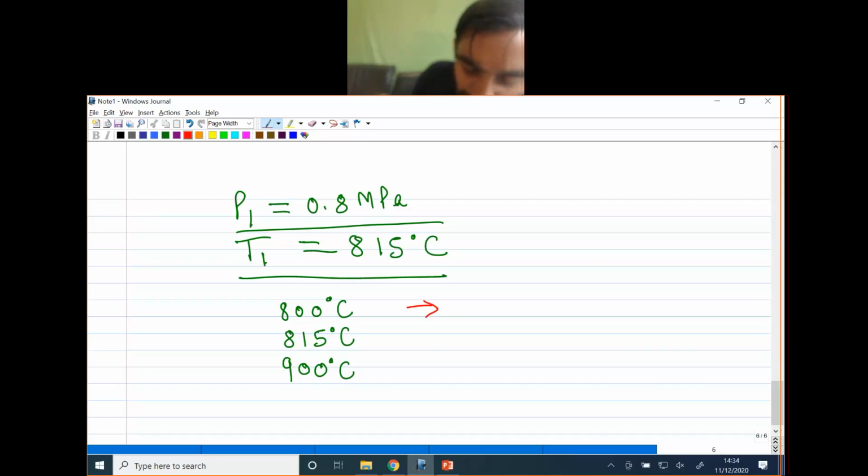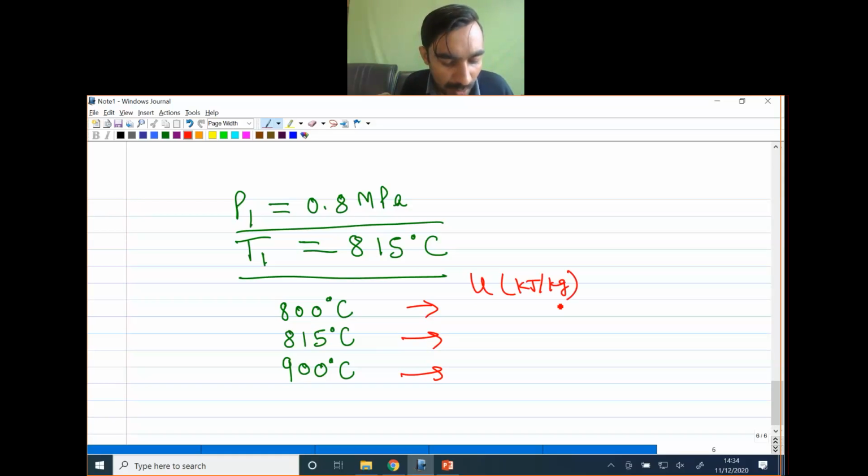So how to do it? I will first write the value of internal energy from our table corresponding to 800. Corresponding to 800, I am getting a value of 3662.5 kilojoule per kg.